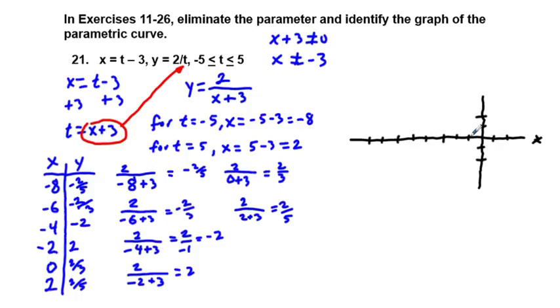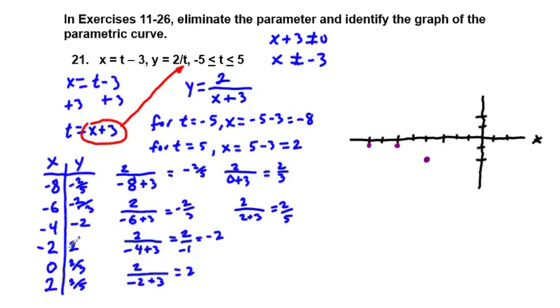We have negative 8, comma, negative 2/5. So it'll be about right there. At negative 6, we have an output value of negative 2/3, so declining slightly. And then at x equals negative 4, we have a y value of negative 2.